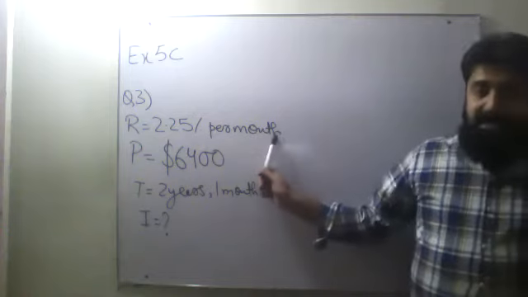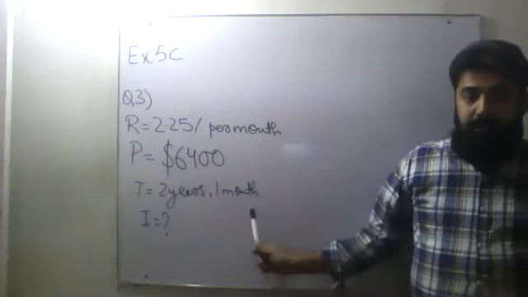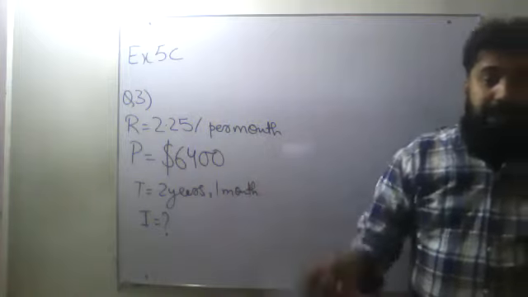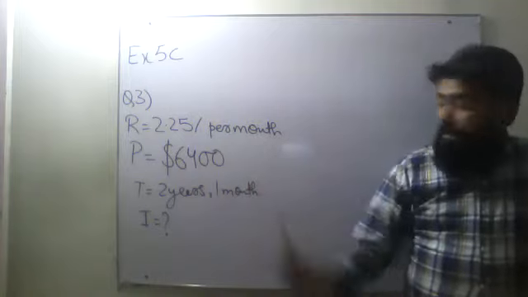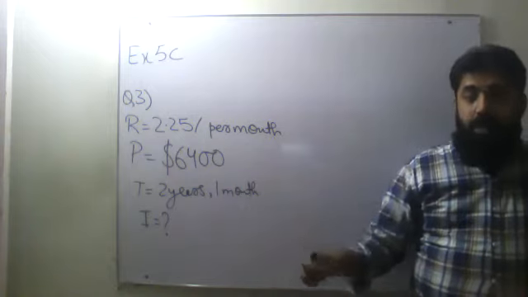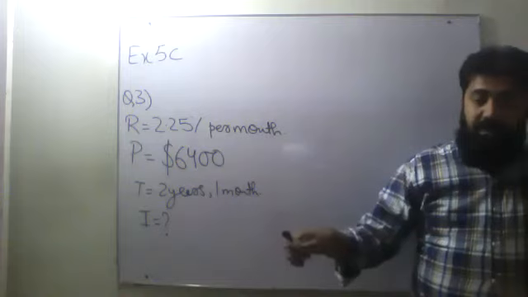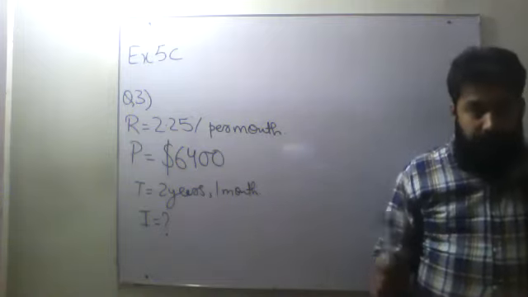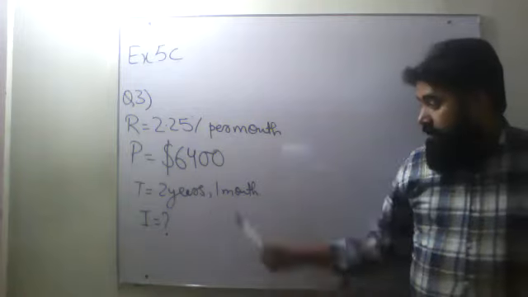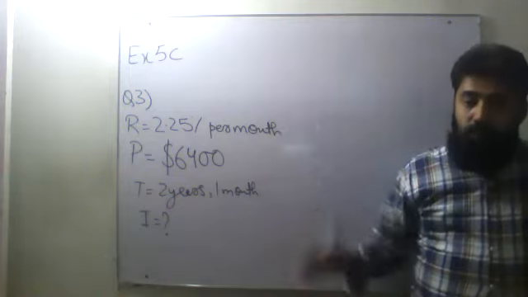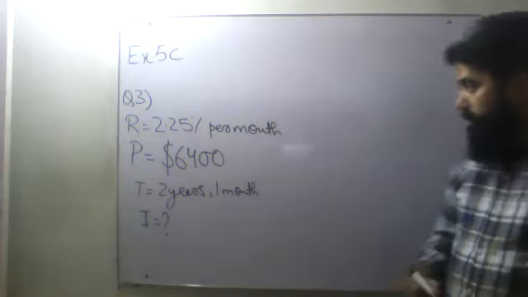If rate is given in months, time should be in months. If rate is given per annum, meaning per year, then your time should be in years. If rate is given half yearly, then time will also be given half yearly. You have to be careful for that. Okay. So this is the time given in years and months, and I'm going to convert it completely into months.